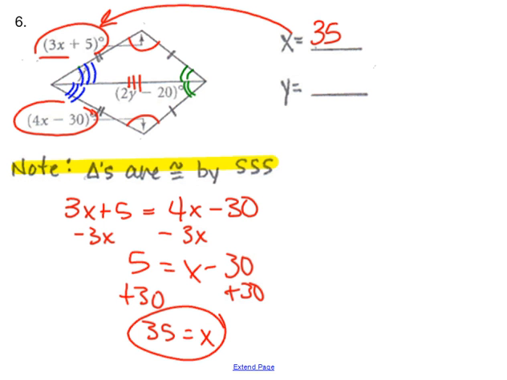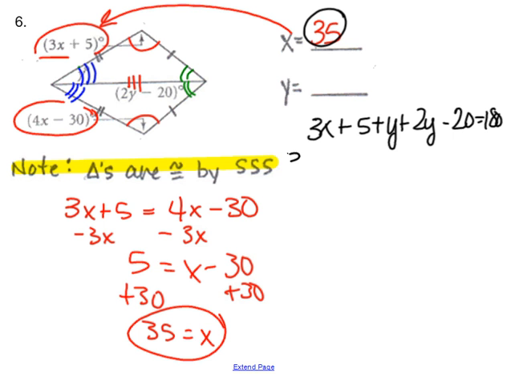All right. So what are we going to do? We're going to take 3x plus 5 plus y plus 2y minus 20 equals 180. Okay, well, we got the x, so we can plug this one in.